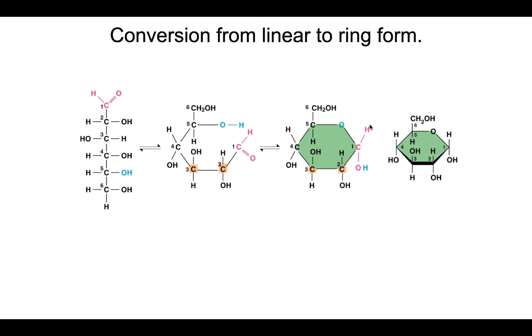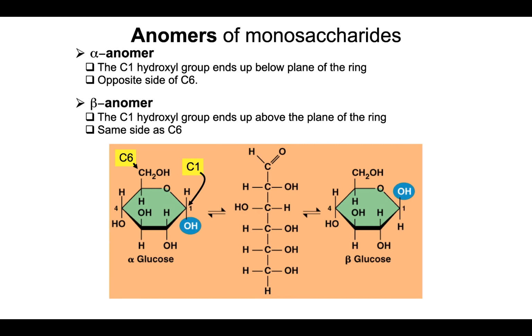Now the way this works is sometimes the molecule can bend this way to attack that carbon, or it can bend the other way to attack that carbon. And depending upon which route it goes to become the ring form will determine the type of anomer it is. So for example, if it goes into the ring form in one way, the resulting new hydroxyl group will be on the opposite side of the ring as that C6 carbon, the carbon outside of the ring.